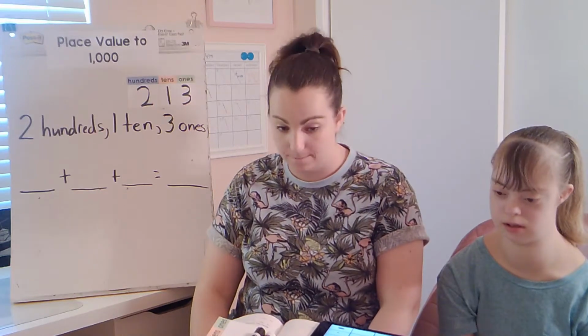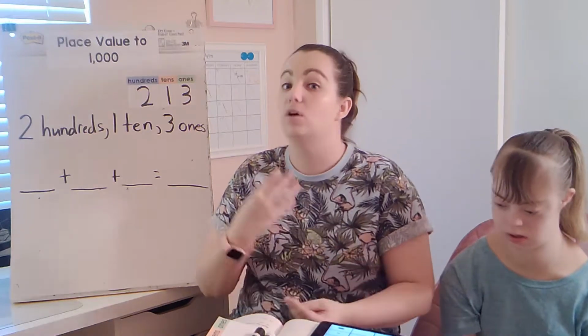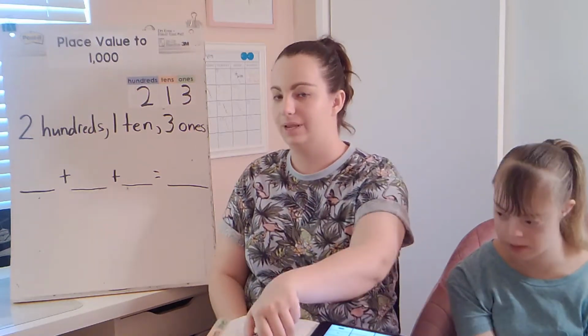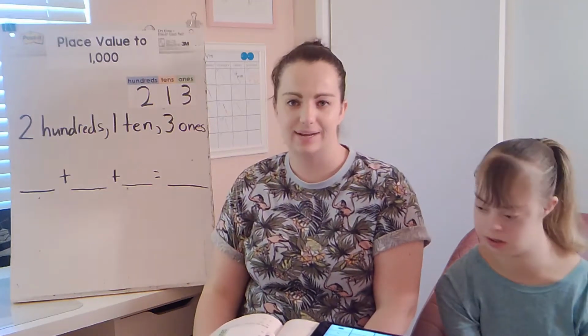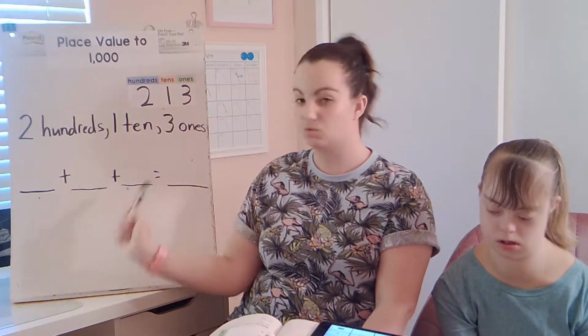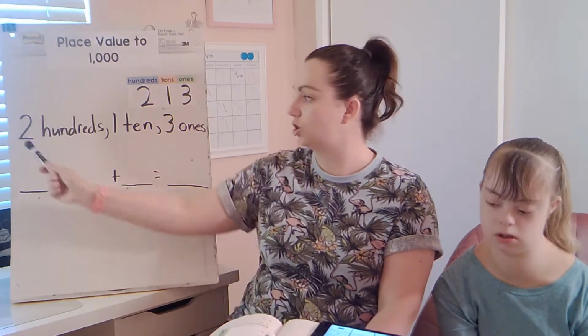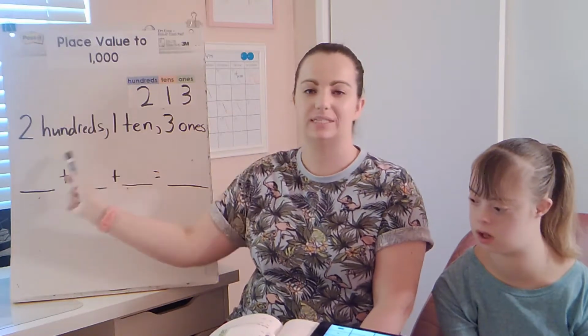Expanded form is a way of writing the number. You'll see lines like this. To write it in expanded form, you're not just going to go 2, 1, 3. No, you're going to show the place value. How much does that stand for?